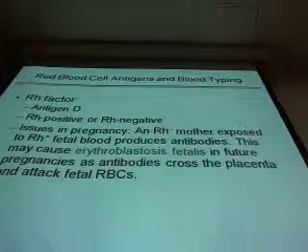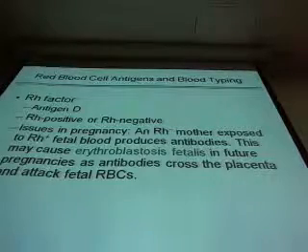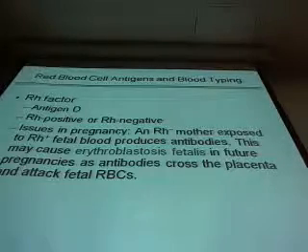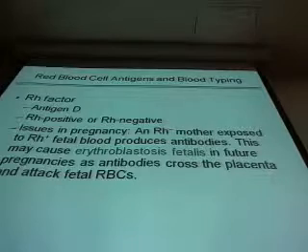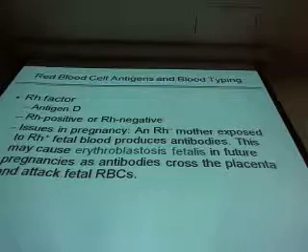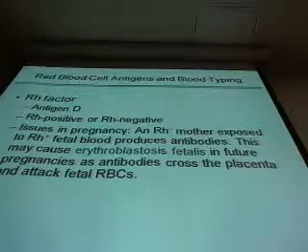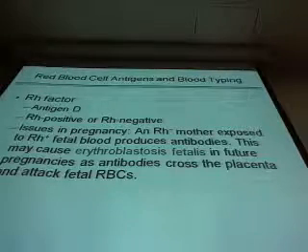What we do now is, when we know the mother is D negative, we give her a substance we call Rogam, RHO immune globulin. I might talk about it later. We essentially give her anti-D.